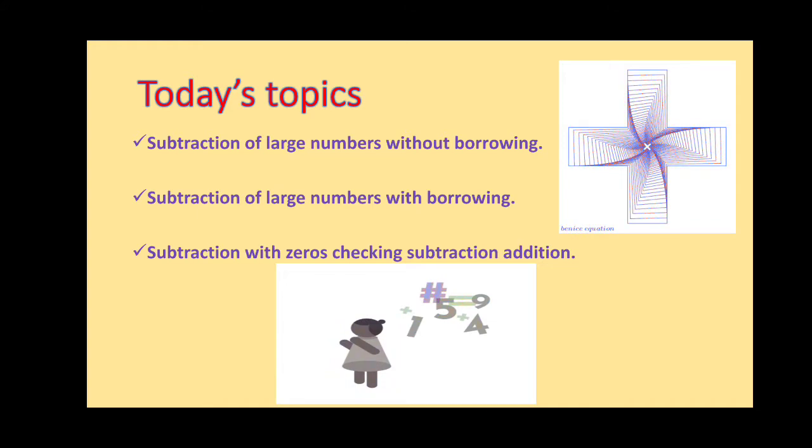In today's class, we are going to learn subtraction of large numbers without borrowing. I told you, if the given numbers you have to arrange in columns. First they'll give the question in the row. Those given numbers we have to arrange in columns. When you are arranging in columns, from the top number you have to subtract the down number, or else from the minuend you have to subtract the subtrahend.